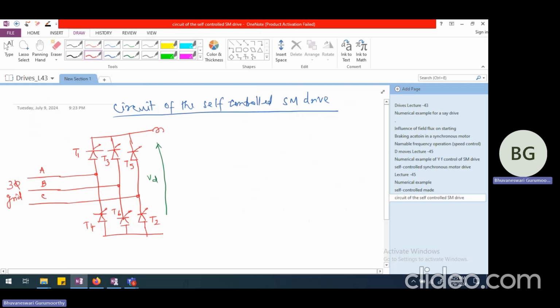Now there is going to be a DC link inductance which is converting this DC link voltage into a constant current. And on the other side, we are going to have one more thyristor converter, which is going to work as a line commutated inverter, and this is going to supply the synchronous motor drive.